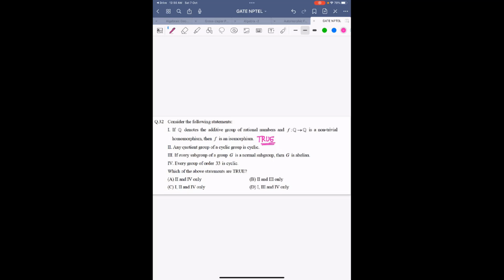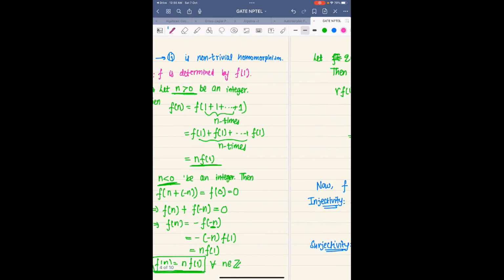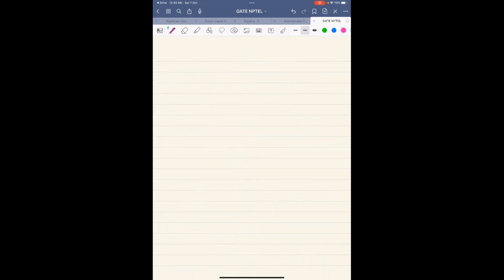What about the second statement? So it says that any quotient group of a cyclic group is cyclic. So second statement, let G be a cyclic group, then G can be written as generated by a generator. It is generated by something.